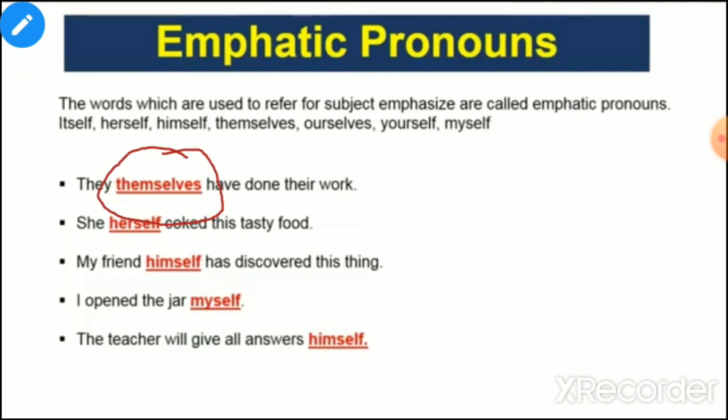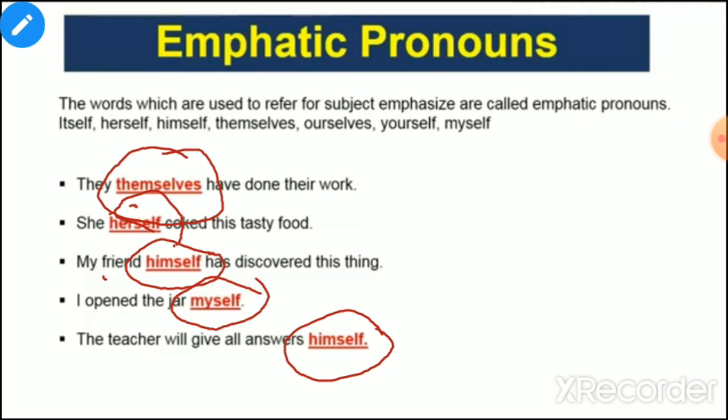She herself cooked the tasty food. My friend himself has discovered this thing. I opened the jar myself. The teacher will give all answers himself. These words themselves, herself, himself, myself are emphasizing the sentences here.